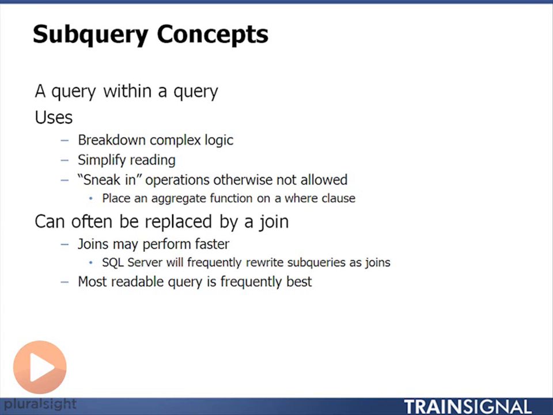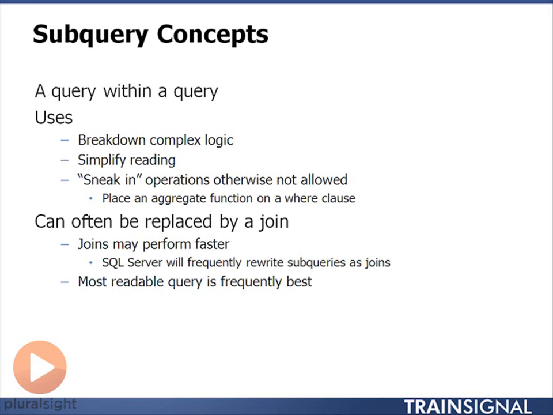And then finally, a subquery can allow us to, as I like to put it, sneak in operations that normally wouldn't be allowed inside of our queries. So for example, one of the things that you're not allowed to do in a where statement is place in what's known as an aggregate. We'll actually see an aggregate in our demos here, but an aggregate is really just a global function on all the rows that are being returned.